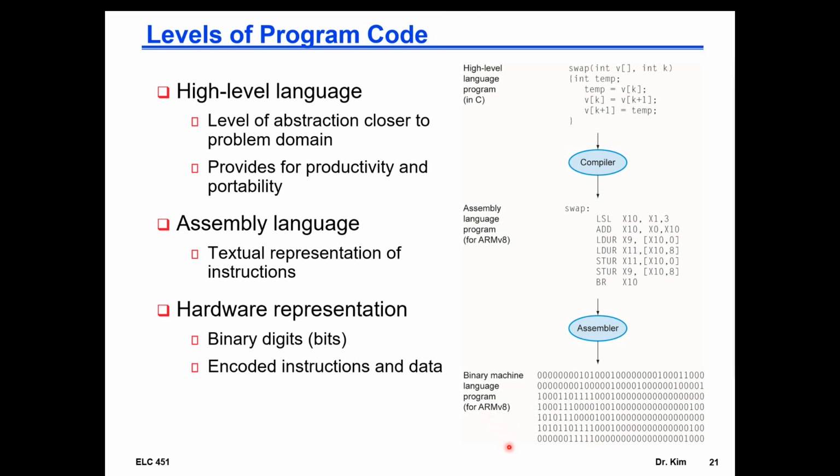If I had the instruction map for this core, I could tell from these actual ones and zeros how many registers this core has and how many instructions maximum it has, because I could look at the width of the opcode, the width of the registers, and a lot of other fields.